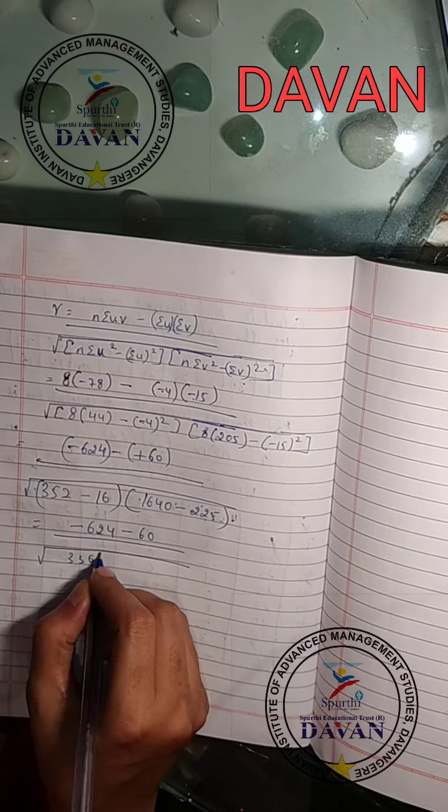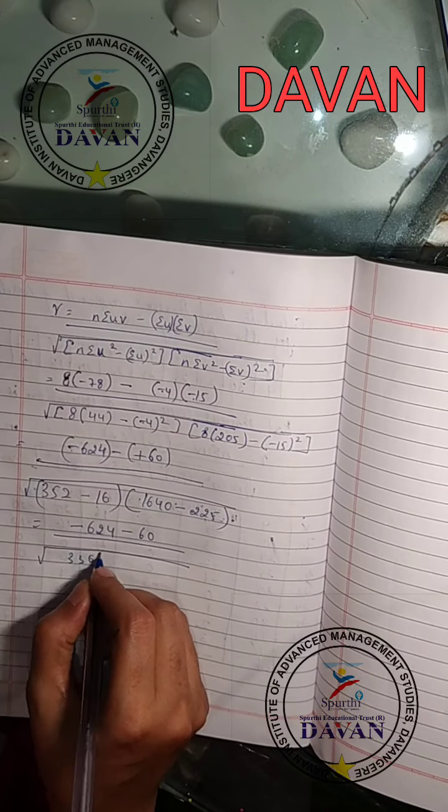We'll go on to the next problem. Calculate Karl Pearson's coefficient of correlation for the following data. So the given data is for x and y.